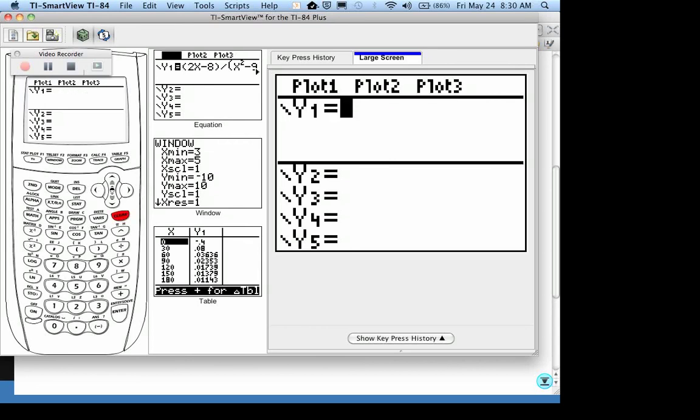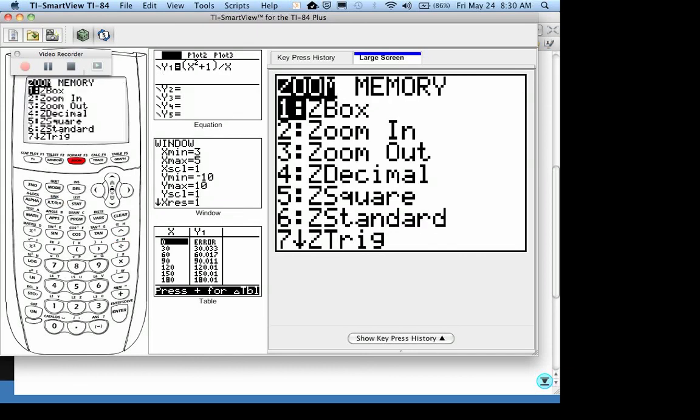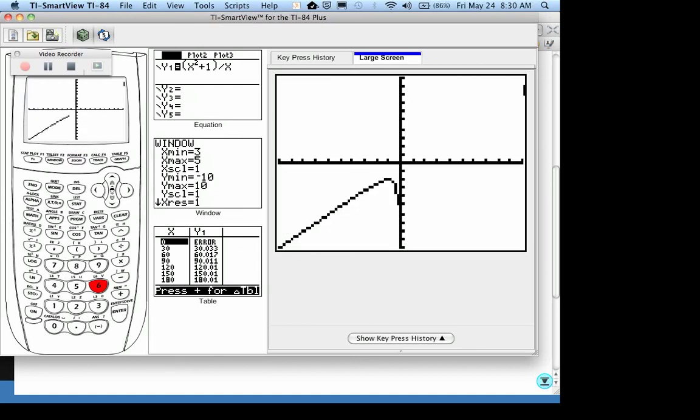What's my graph? X squared plus 1 divided by x. If I flop this over here and then down, wouldn't it line up?